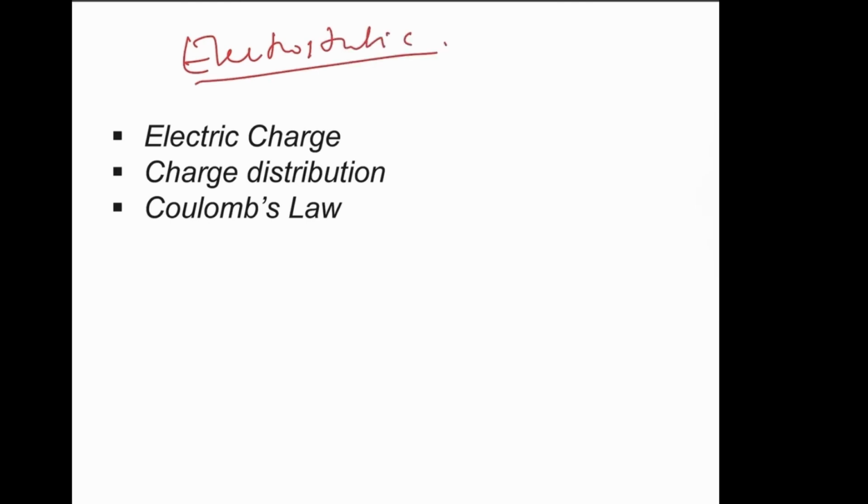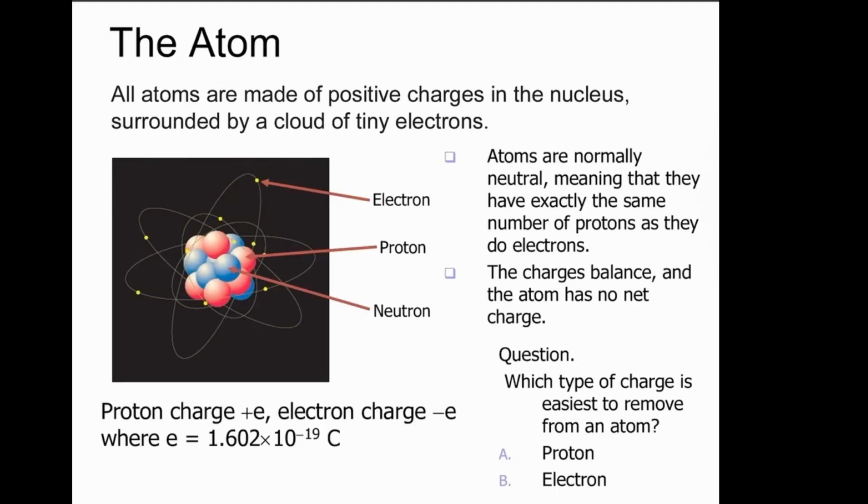First we will discuss electric charge distribution and Coulomb's law. What is electric charge? Before we go to electric charge, let's review what an atom is. Atoms are made of positive charge in the nucleus surrounded by a cloud of tiny electrons.